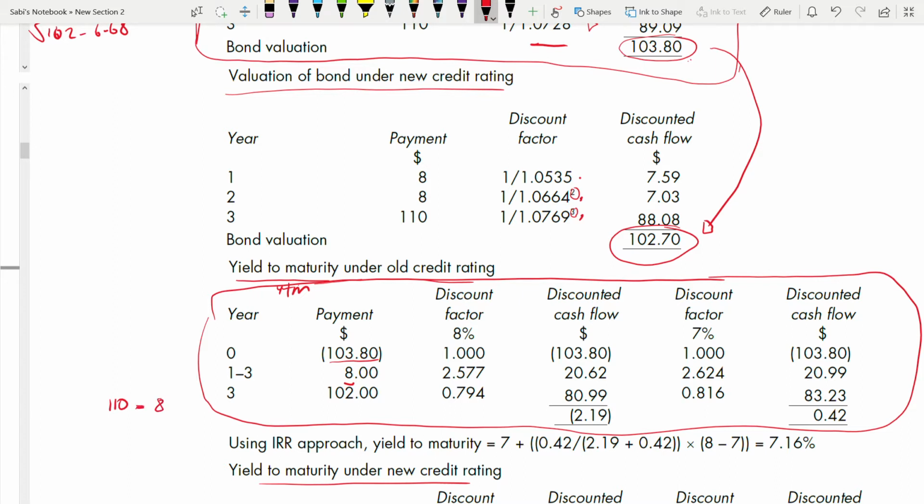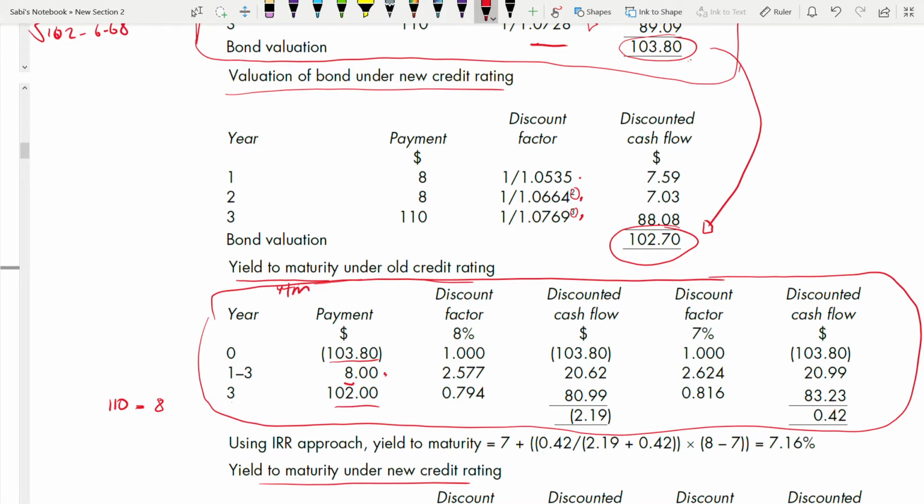So in the third year, you are not putting your coupon here. You are just putting your principal amount, that is 102. Usually it is 100, the face value, but here we have a 2% premium, that's why it's 102. We are not including that coupon 8 again because it is included already from 1 to 3.